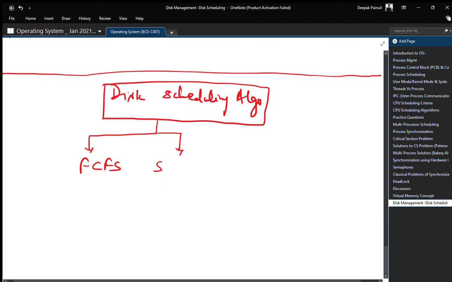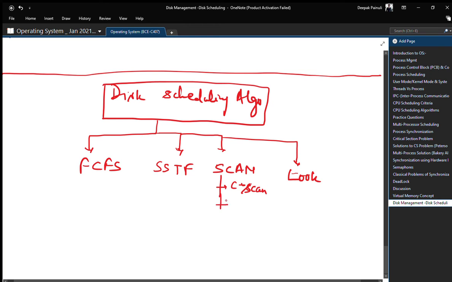So first is FCFS, then we'll understand SSTF, then we will understand SCAN, then we will understand LOOK, right? These are the major categories, and under the SCAN category we have normal SCAN, then C-SCAN, then F-SCAN, and N-step SCAN.